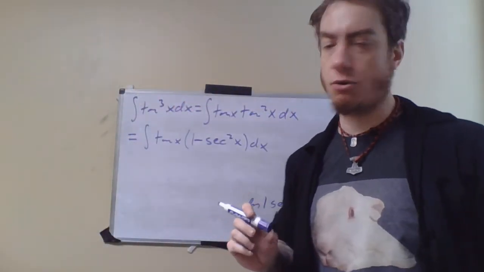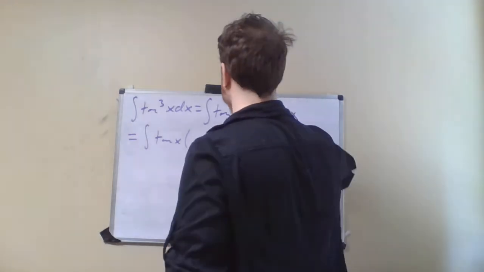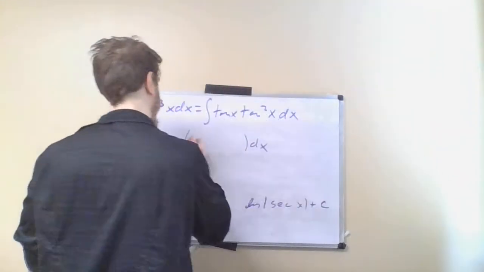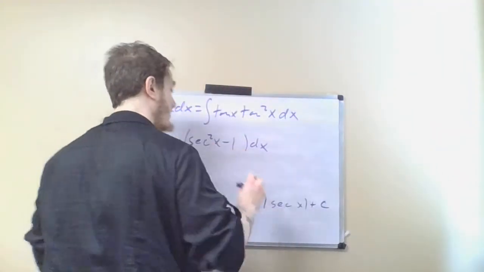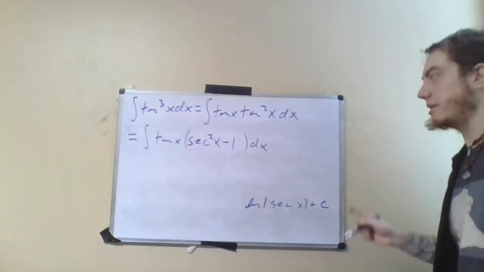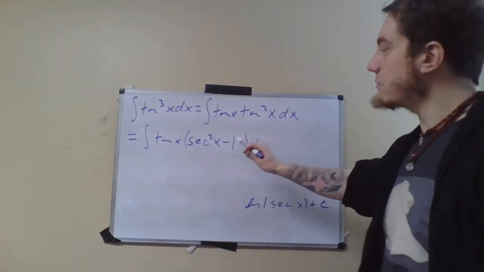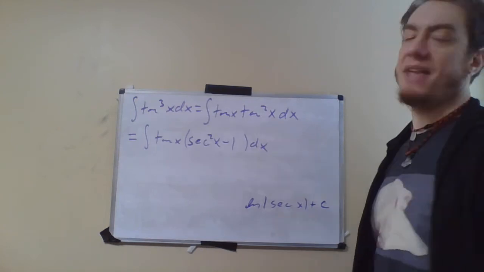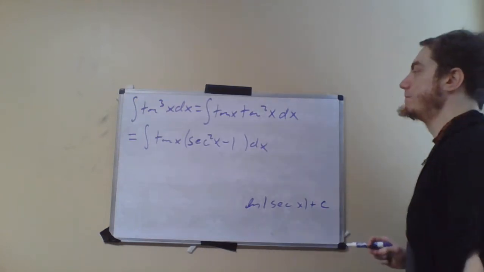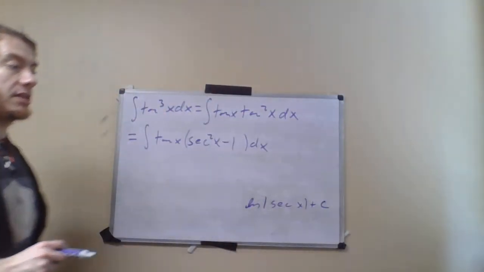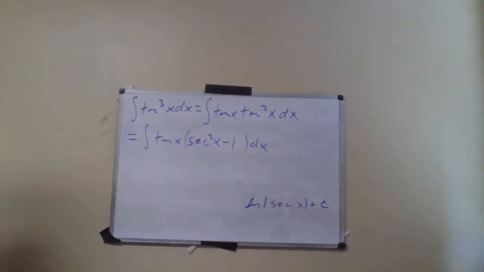I've managed to really screw up my signs. It's secant squared x minus 1 is what it is. My apologies. I'm getting my Pythagorean identities all in a tangle here. There we go. Secant squared x minus 1. That is my tangent squared x.